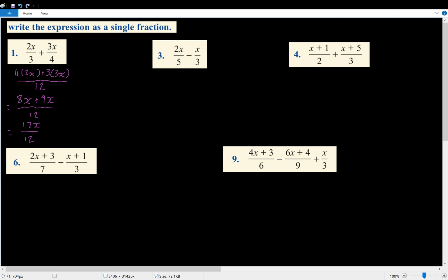Let's try the same method with question 3 now. The lowest common multiple between 5 and 3 is 15. So write down 15, draw a line. Now 15 divided by 5 is 3, so you multiply the number above 5 by 3. That's 3 times 2x. And our minus in the middle is going to stay in the middle between these two on top.